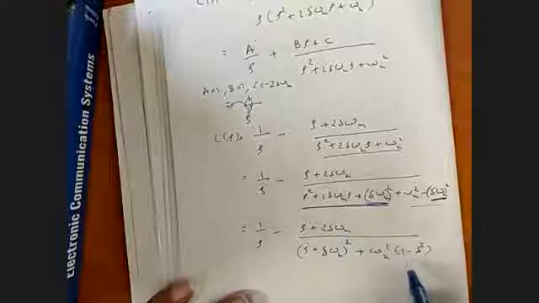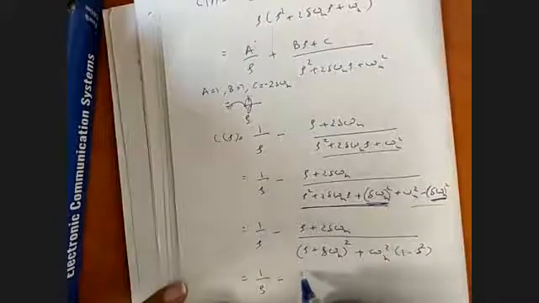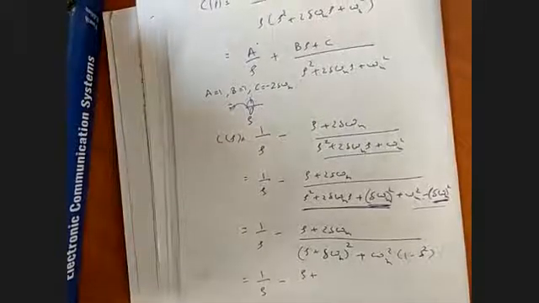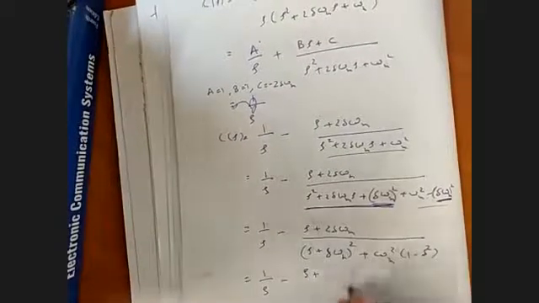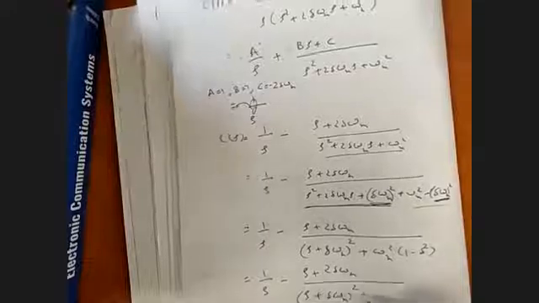That means omega d. So it can be written as 1 upon s minus (s plus 2 delta omega n) divided by (s plus delta omega n) whole square plus omega d square.